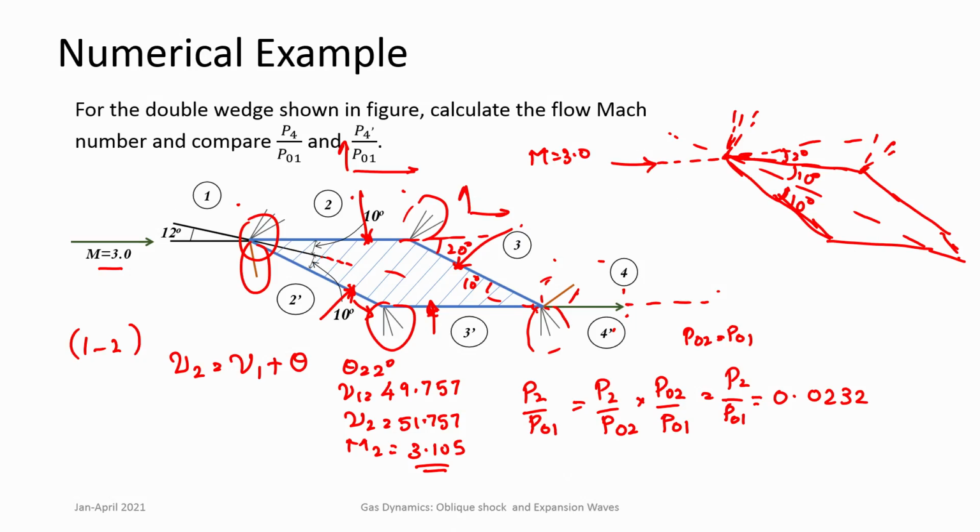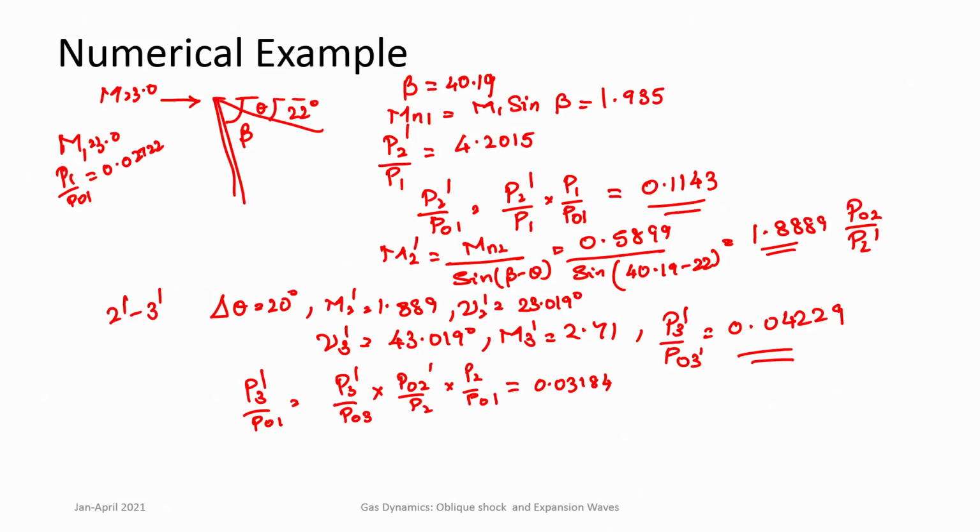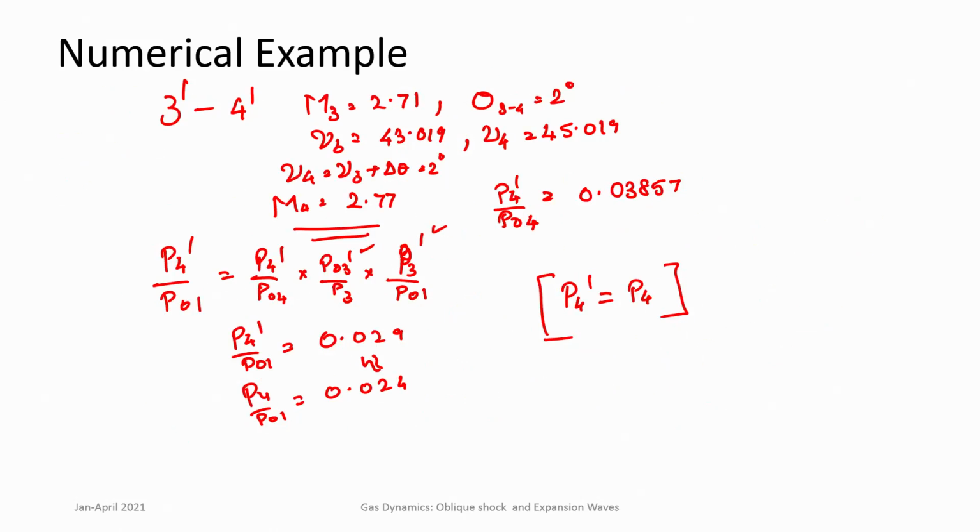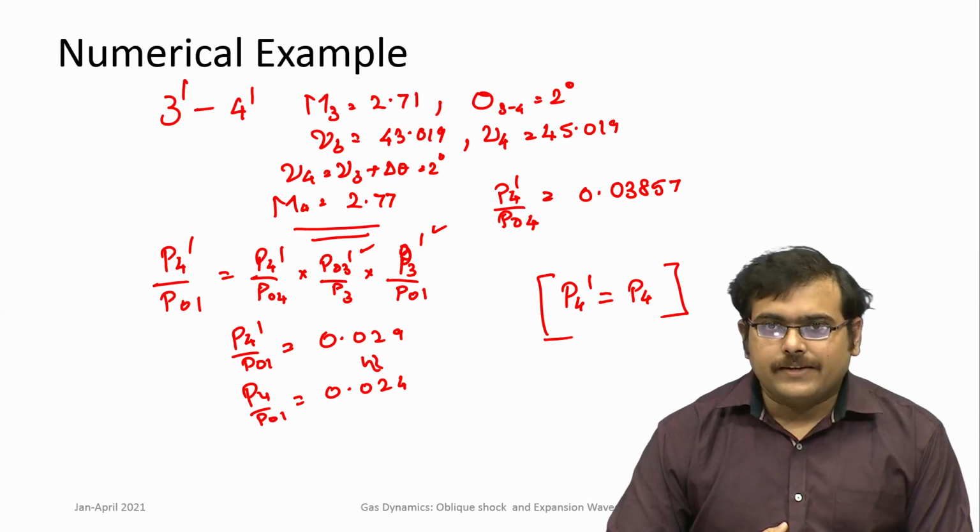This way of estimating the forces is known as the shock expansion method. I hope this elaborate example has given you an idea of how to use shock wave and expansion wave relations to solve certain problems. We will solve more problems down the line in the next few classes.